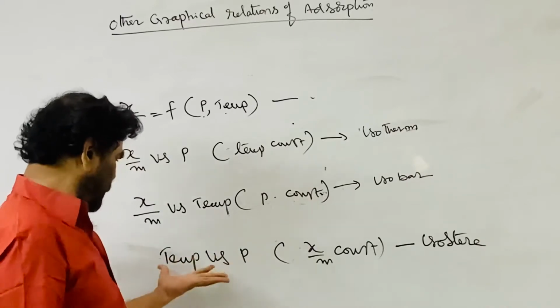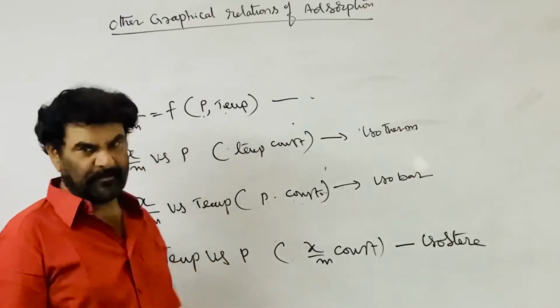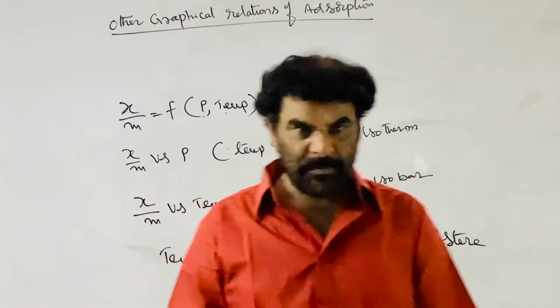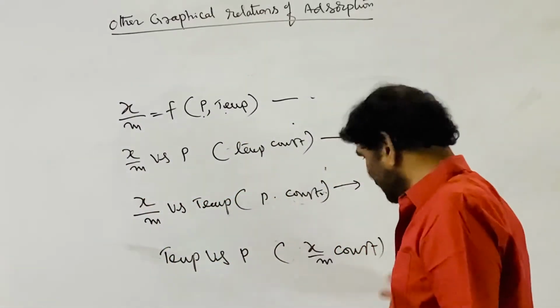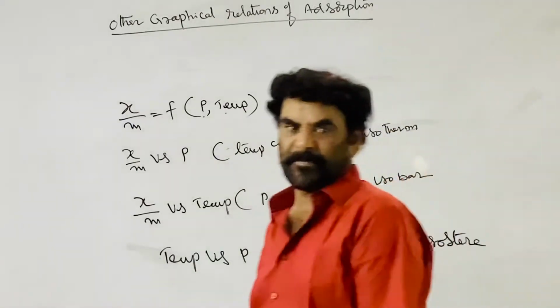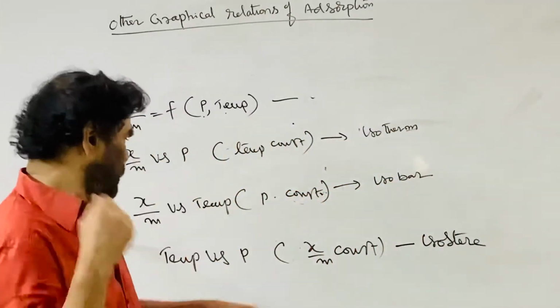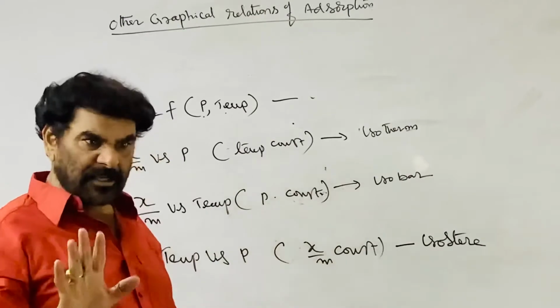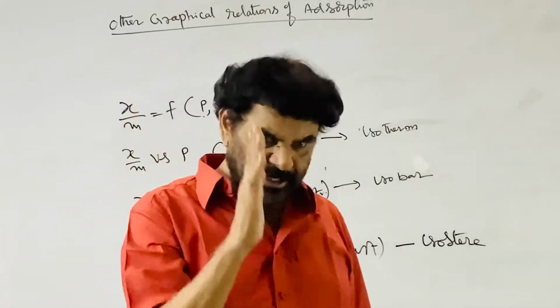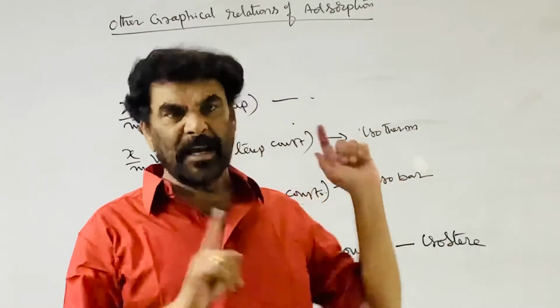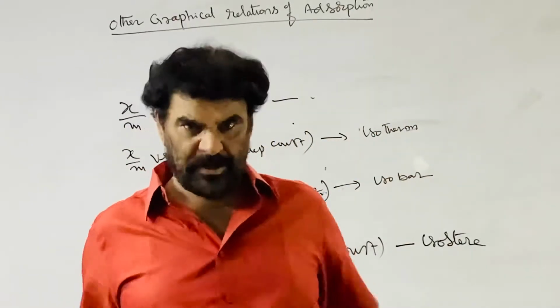The next one is temperature versus pressure. If x by m is constant, that is the extent of adsorption is the same, what is the relation between the temperature and pressure?